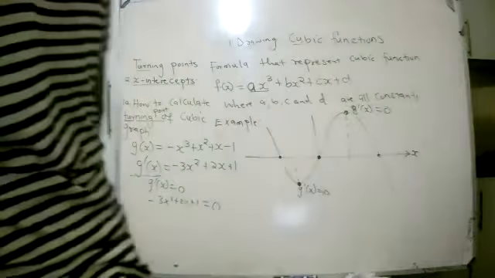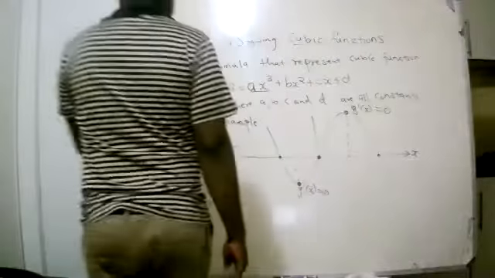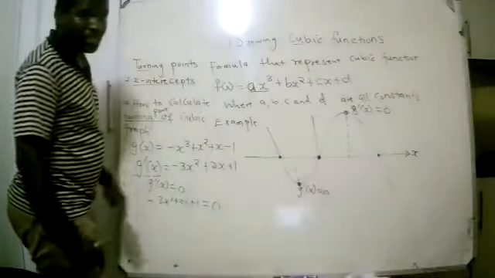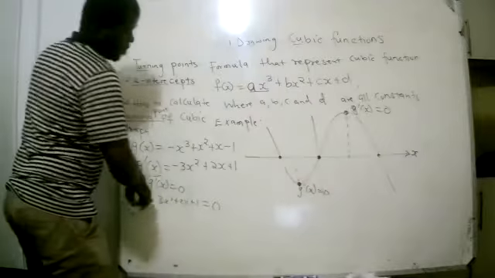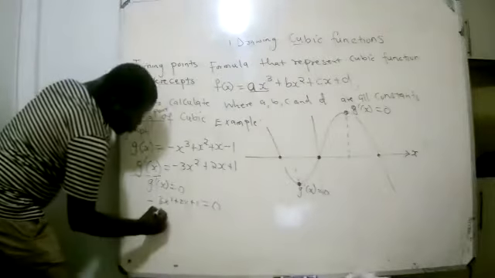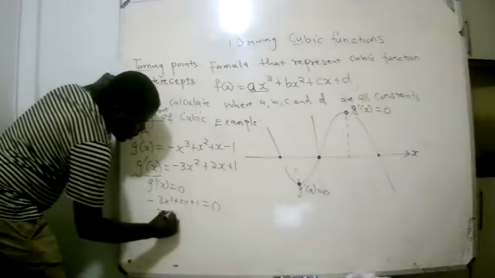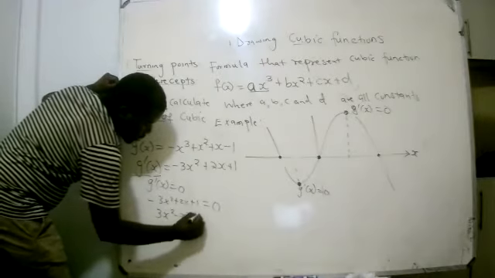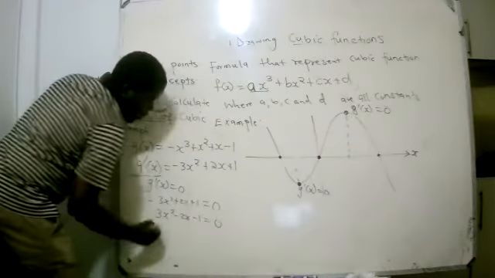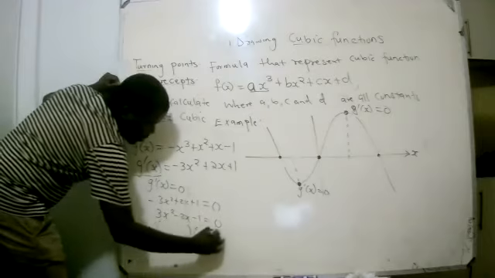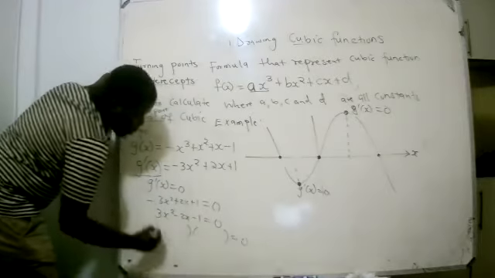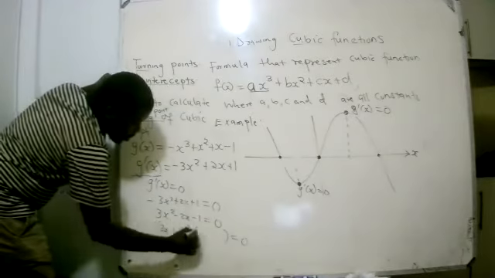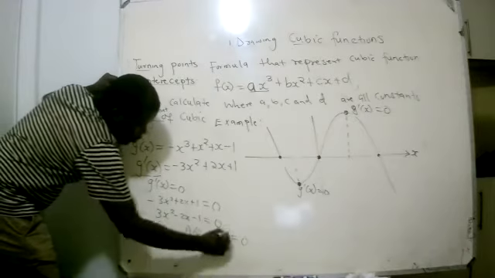So let's factorize and see what we obtain. The negative is a problem, so let's deal with the negative first by dividing with negative throughout. So we will obtain 3x squared minus 2x minus 1, and that will be equal to 0. Then we factorize this. Remember how to factorize. So we're going to have 3x here, x there, 1 here, 1 there.